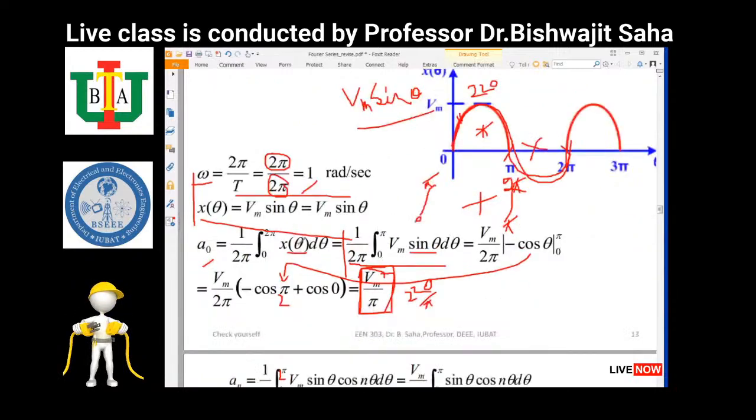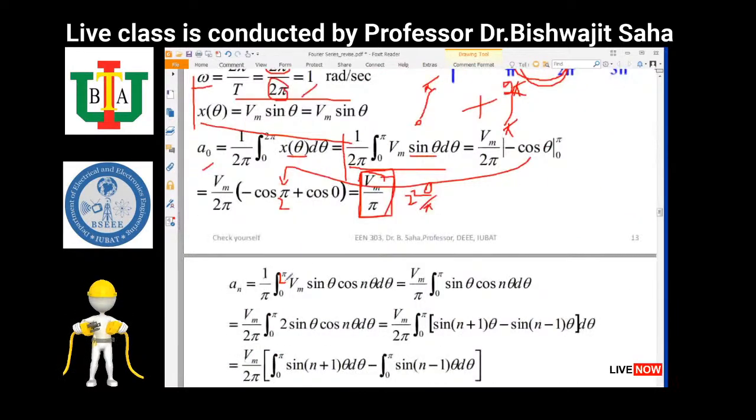So it is actually 0 to 2 pi, but we broken it into 1 over pi, 0 to pi Bm sine theta cos n theta d theta, plus 1 over pi, pi to twice pi, 0 cos n theta d theta.